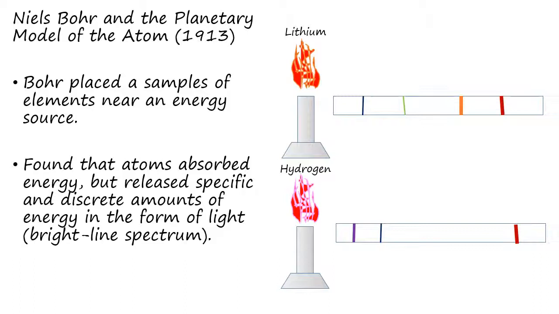So for instance, lithium has this very dark red spectrum, and that's what gives it its red color, which is right here. And hydrogen has this red band, but also has a very low purple band, and that's what gives it this kind of reddish purple or reddish pink color.